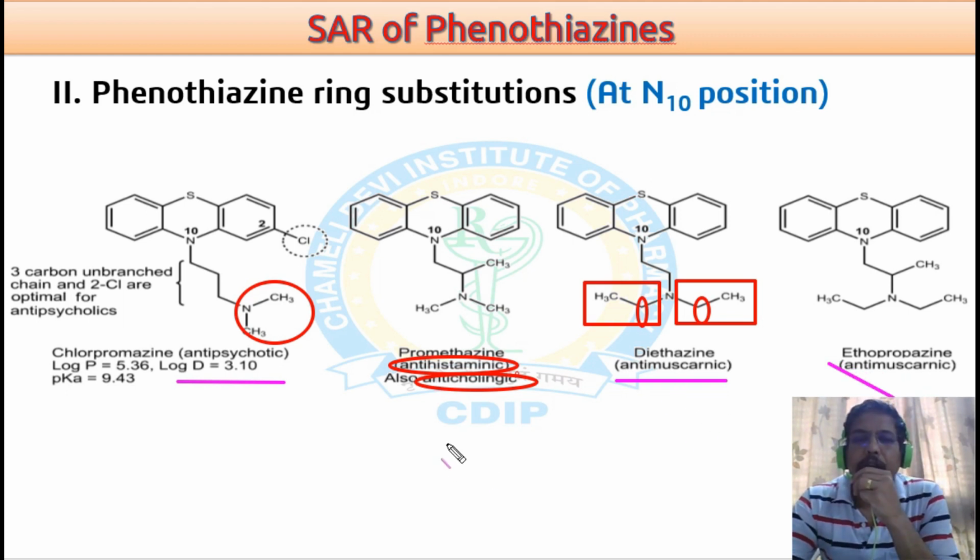So if we go for modification on the terminal nitrogen and its substitutions in the form of N,N-diethyl or N,N-dimethyl, or from terminal gamma to center beta carbon, then the activity of the phenothiazine derivative is dramatically changed from antipsychotic to anticholinergic, antihistaminic or anti-muscarinic types of activities.